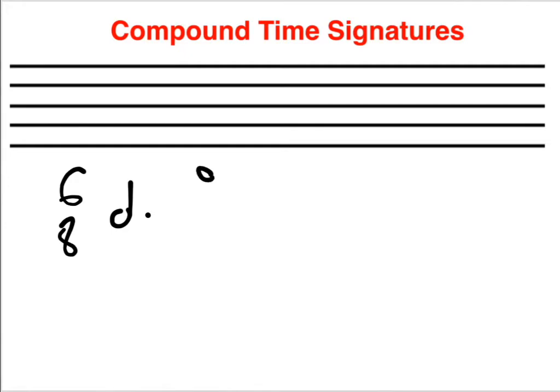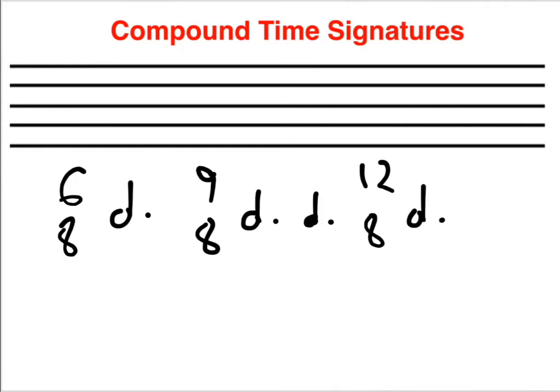Okay, in 9/8, if you wanted to write 2 full beats, you would write a dotted minim, and then you have your dotted crotchet taking up the last beat. And in 12/8, if you wanted to write 2 full beats, you would write a dotted minim again, and you could put in another dotted minim for the other 2 beats.